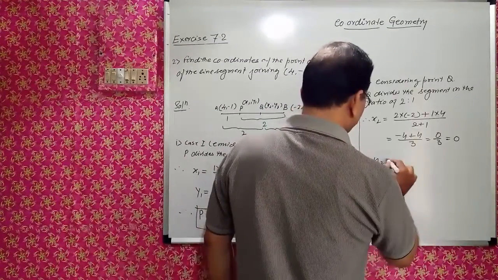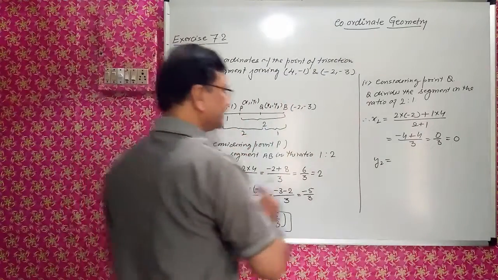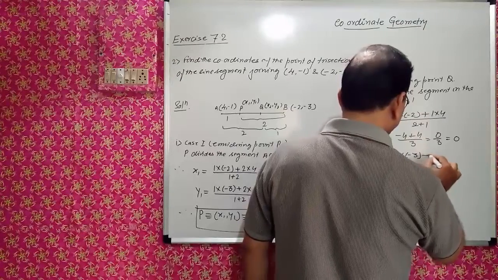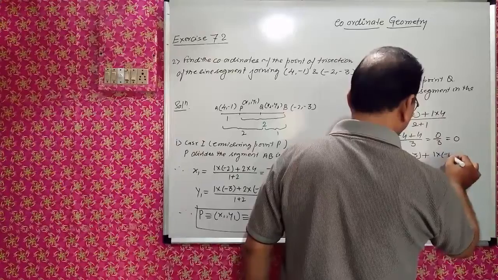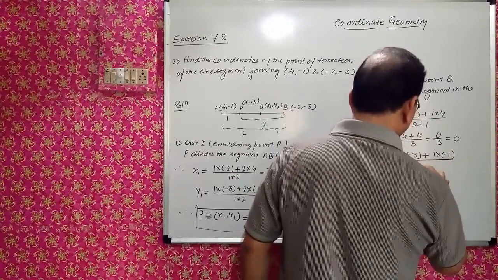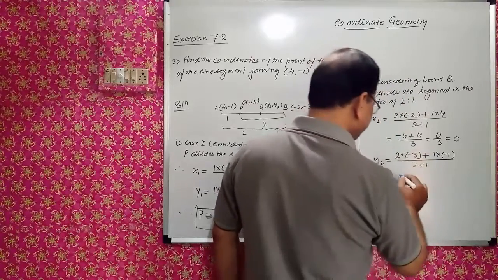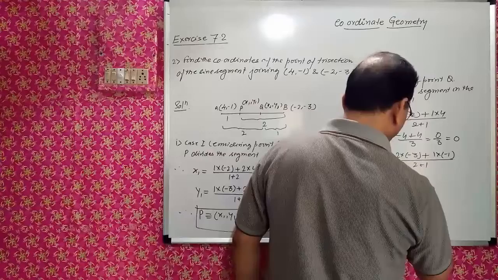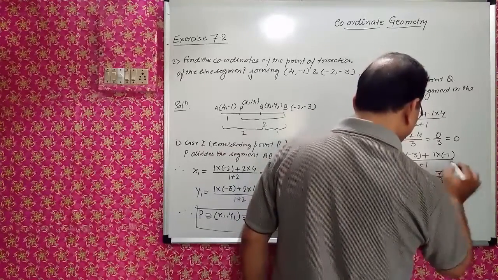And y2. Y2 will find, so 2 into minus 3 plus 1 into minus 1, upon 2 plus 1. That is equal to 2 into minus 3 is minus 6 and minus 1 upon 3, that is minus 7 by 3.